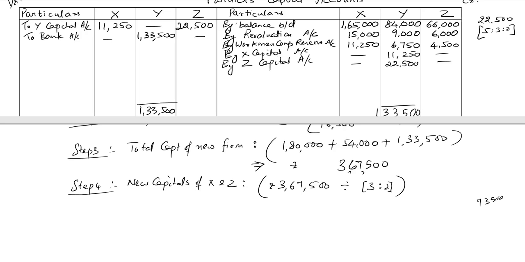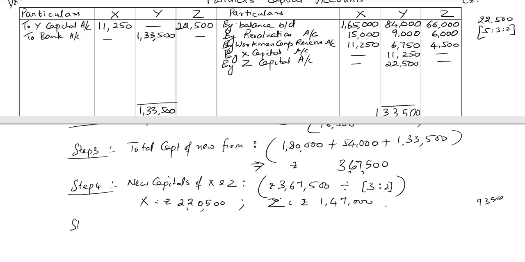So in the case of partner X, we get rupees 2,20,500, and in the case of partner Z, we get rupees 1,47,000.